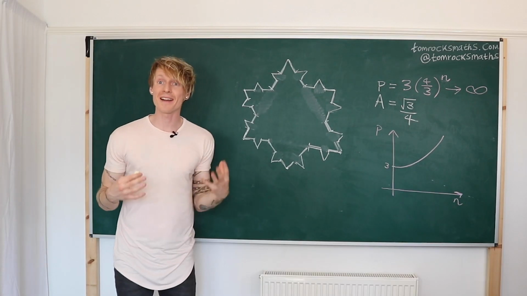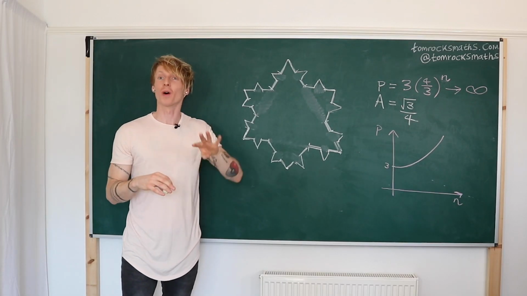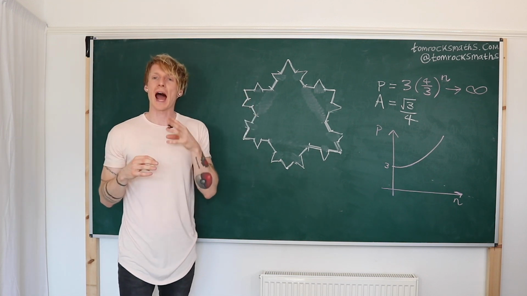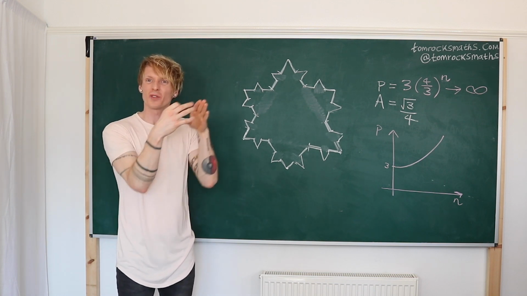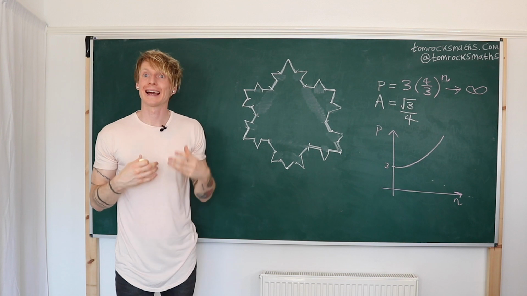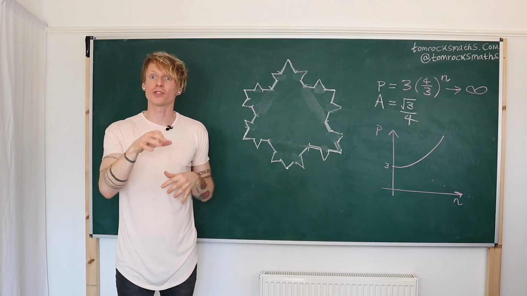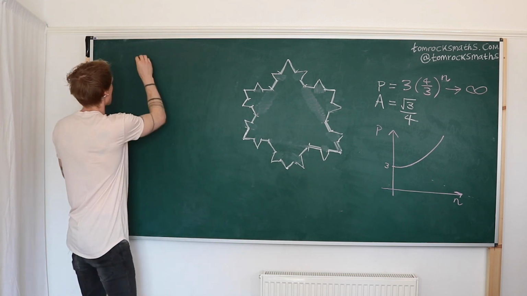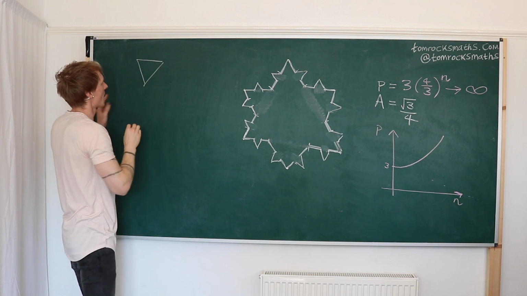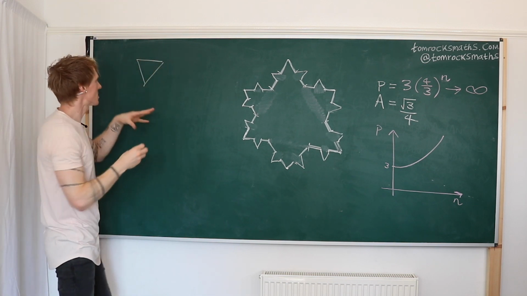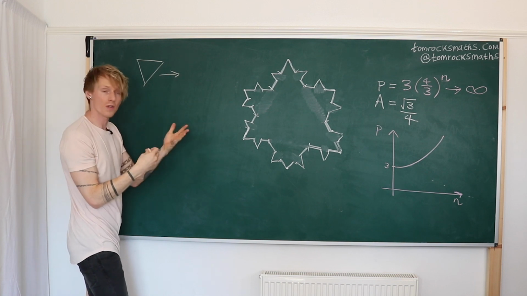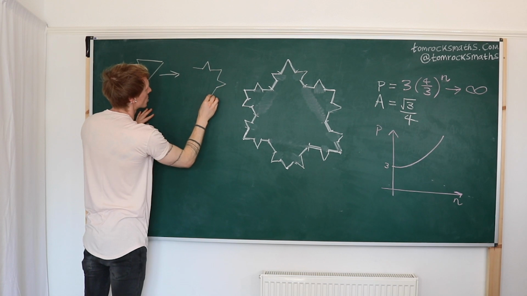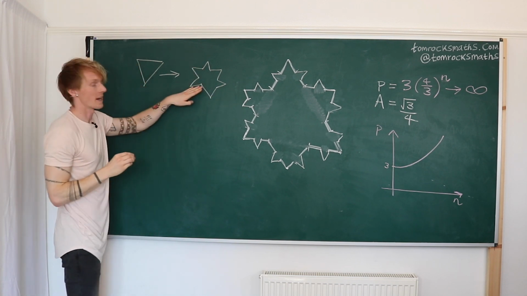The calculation for the area is a little bit more involved than the one for the perimeter. And to begin with, we actually have to think about how many triangles, how many wedges or new pieces are we adding at each step in our fractal generating process. So if we think back to our original triangle, we just have 3 straight lines, and then for each of these straight lines, they then, in the first iteration, are replaced by a wedge, something like this.